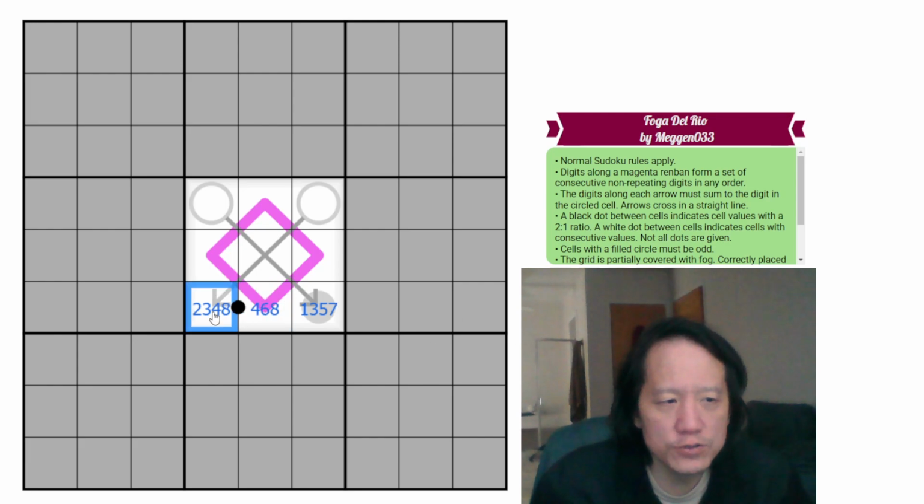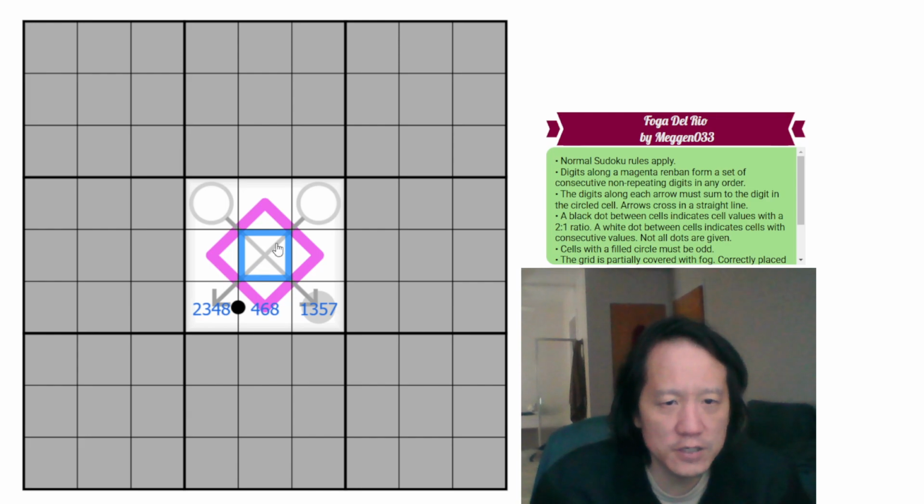So say you have 4 and 2. If you have 3, 4, 5, and 6 here, that means this has to be at minimum 1, or it could be the next digit is 7.